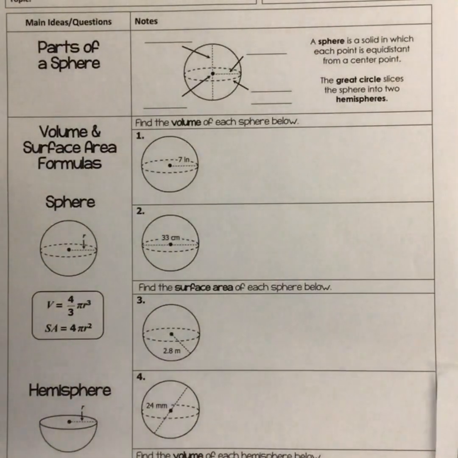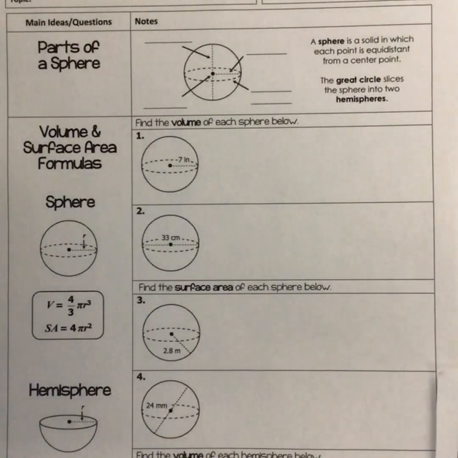All right, so before we get started with talking about the volume and surface area of spheres, we want to first talk about the parts of a sphere. Now remember, a sphere is a solid, just like all of our other shapes we've been talking about today, but each point is equidistant from the center point. So just like a circle, but now we're thinking 3D, right?